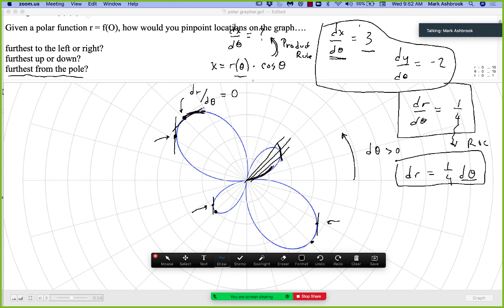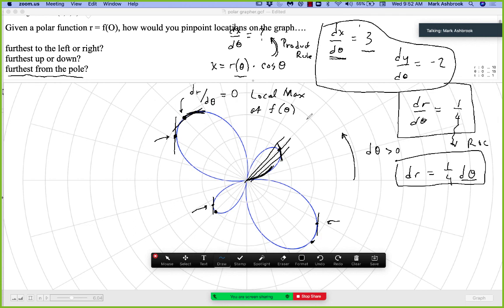So r is increasing, then it holds steady, pauses for a moment, and then decreases. Well, that's going to be a local maximum for the polar graph. So these points furthest from the pole, locally, local maximum, would be dr d theta equals 0.